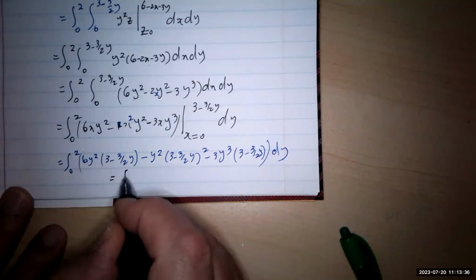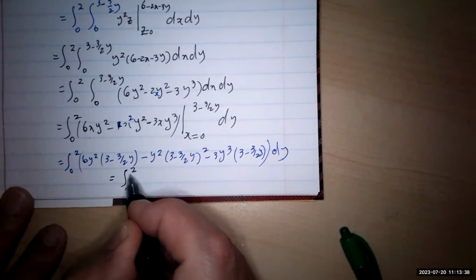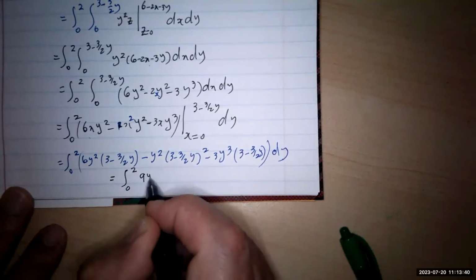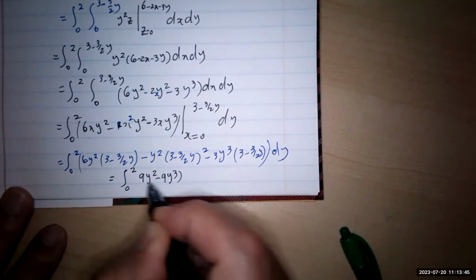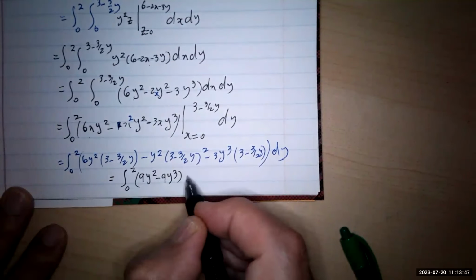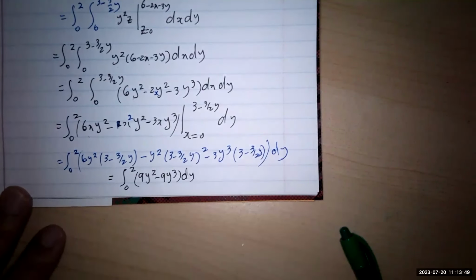This is going to be 0 to 2. Then you arrive at 9y squared minus 9y cubed. You can check it, but it's correct. And this is going to be dy. Lots of these terms would be cancelled out, and then this is going to be the final integrand.